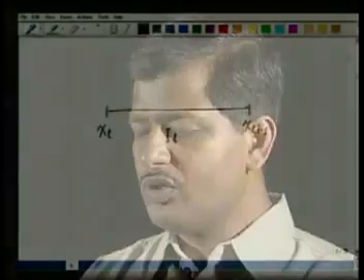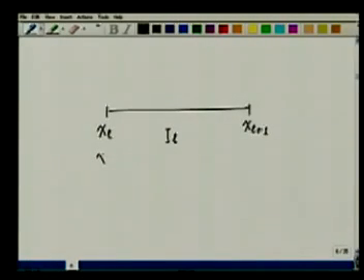So first thing that I am going to do is, since this element has two nodes, I am going to give them a local number, a local name, these nodes. What I am going to call them? I will call them as x1 of element L, this node. And this node is equal to x2 of element L. So for each element, I have an x1 and x2, which are representing the two extremities of the element.